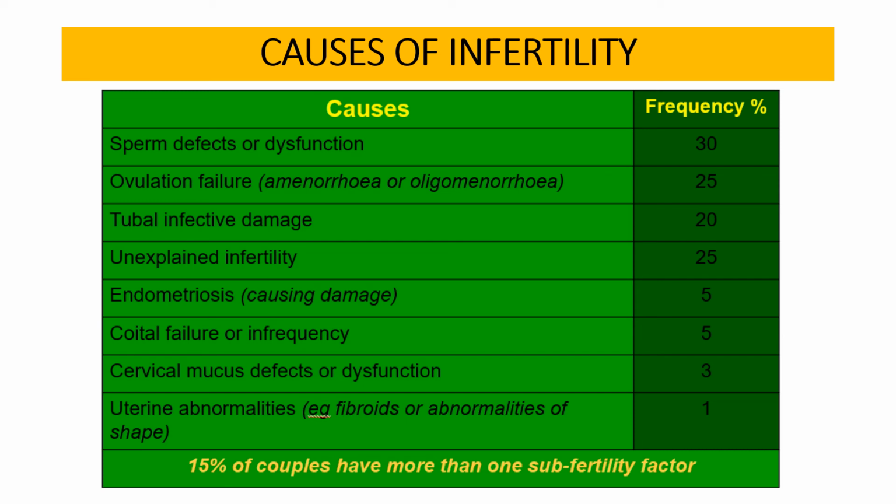This means that everything you are getting tested is normal, but still the couple is unable to conceive. And about 15% of couples have more than one factor for infertility.